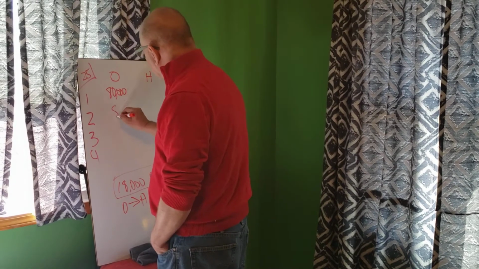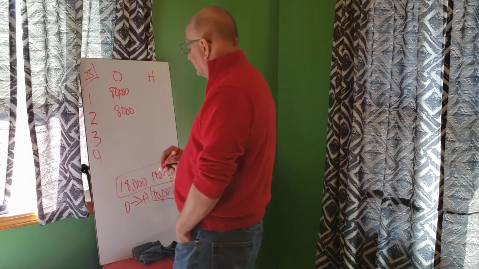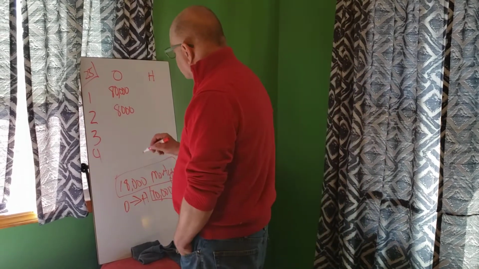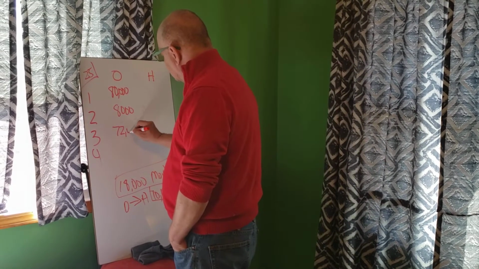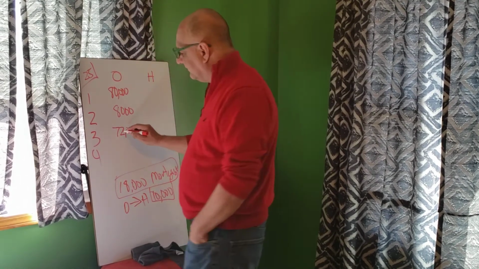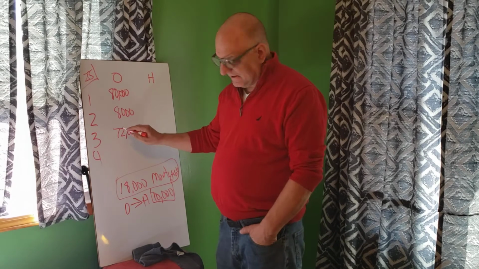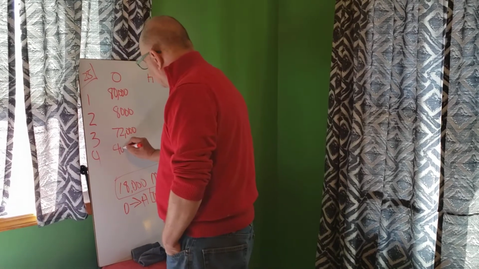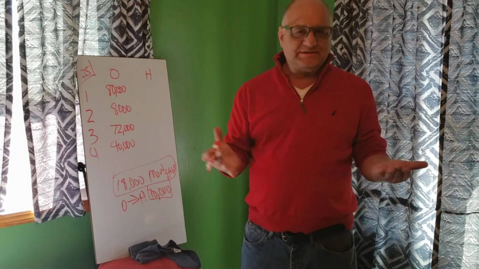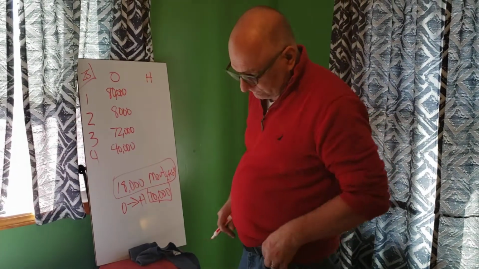So Oscar's recognized gain is $8,000. So his deferred gain is 72. And then we take the 112 minus the 72. That gives us $40,000 basis in the new property. And again, that is no coincidence. That's how it should be.